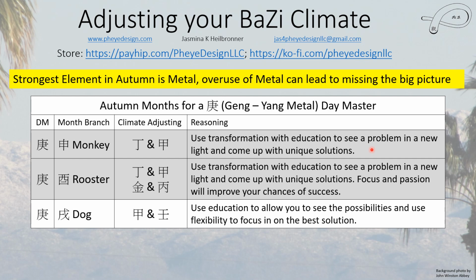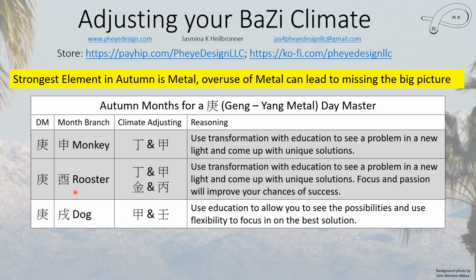And you tend to see it in a new light. You come up with unique solutions that can really be very helpful to everybody and can make you more valuable to a company or to the population in general. And this doesn't have to be necessarily physical stuff. This can be ideas also, but it's transforming from one successful idea to another.